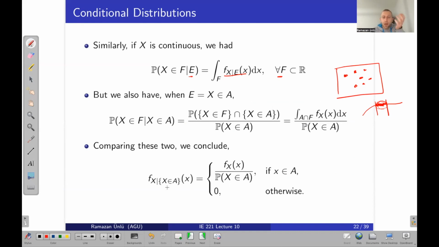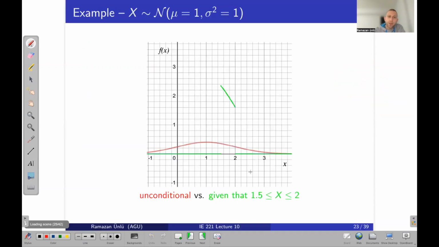So if I want to calculate the conditional PDF of a random variable, and it is a continuous one, I can use that formulation. It is simply the PDF of x divided by the probability of the conditioned event, okay?